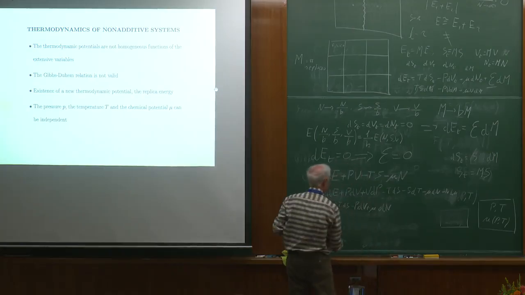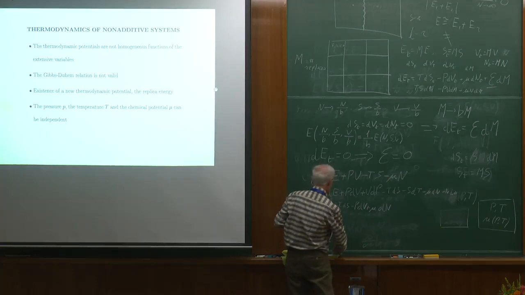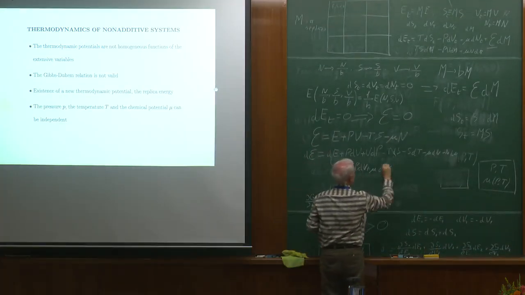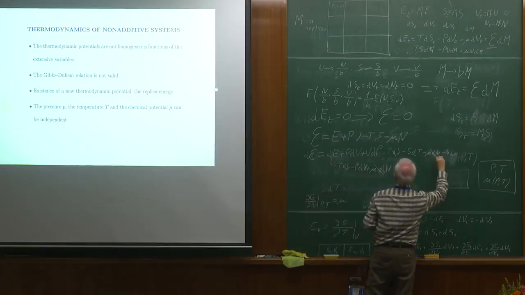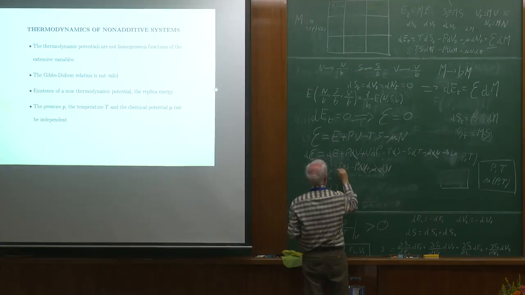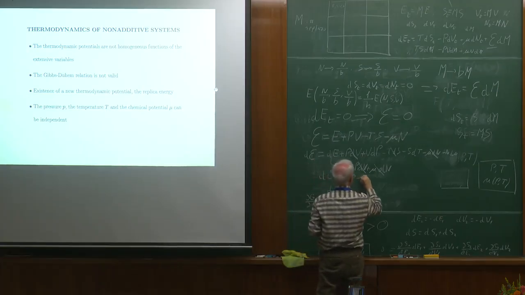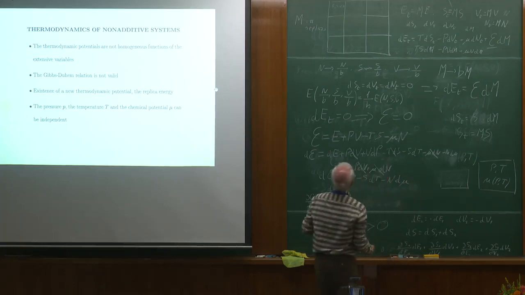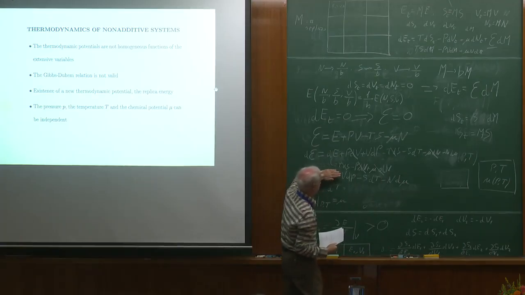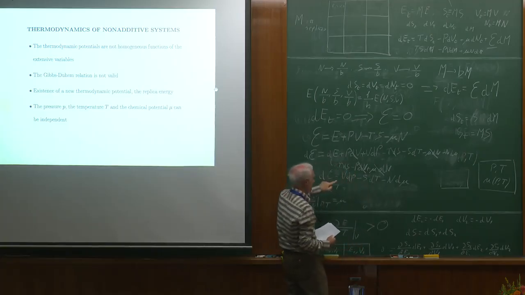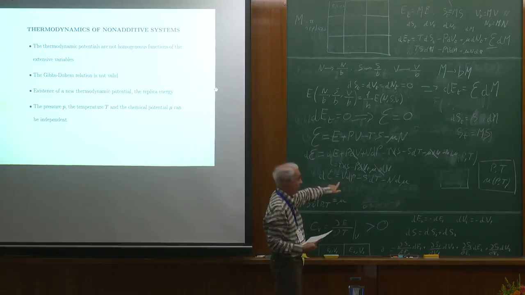Then there are some simplifications. If you remember, this was the Gibbs-Duhem relation, saying that this differential form is equal to 0, expressing the fact that mu is a function of T and P. But now this is no longer 0 because it is the differential of this new thermodynamic potential.